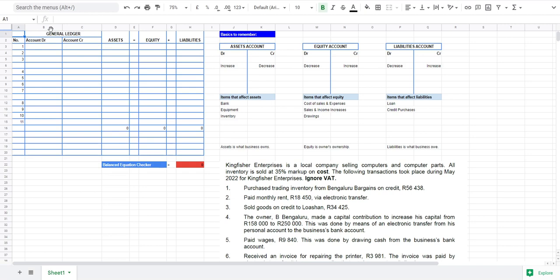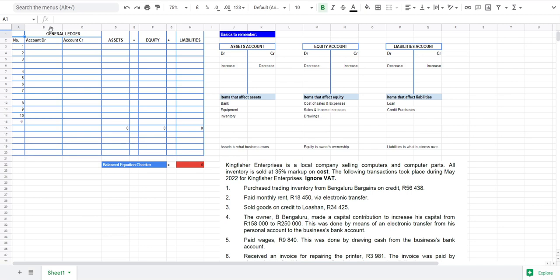There are three things which are very important when you deal with the accounting equation, as we discussed in the free session which I hosted that explained everything about it. But I'll just do a recap here. We have three accounts which will have to balance.